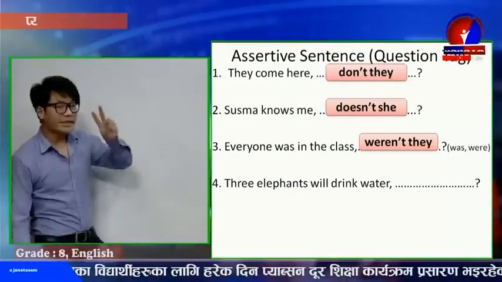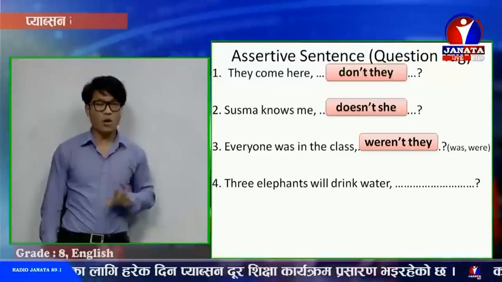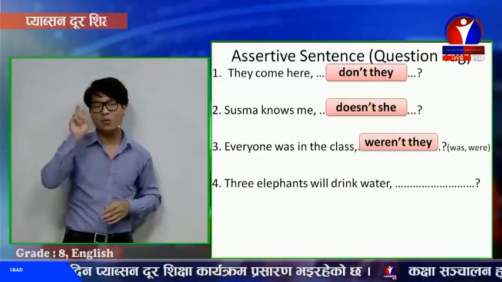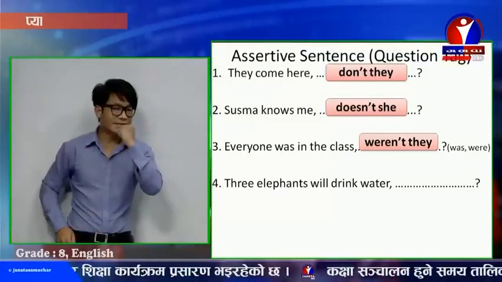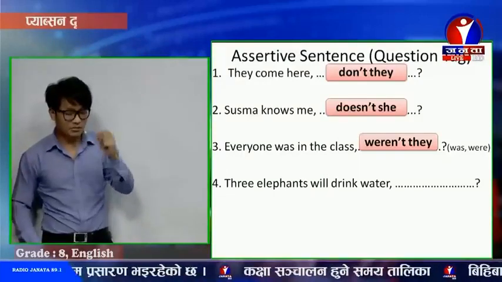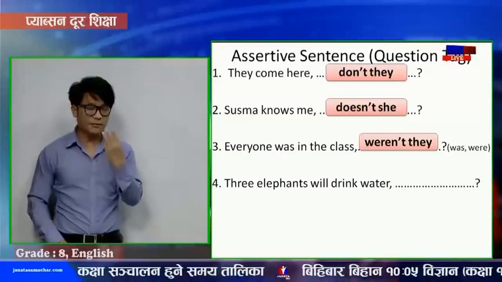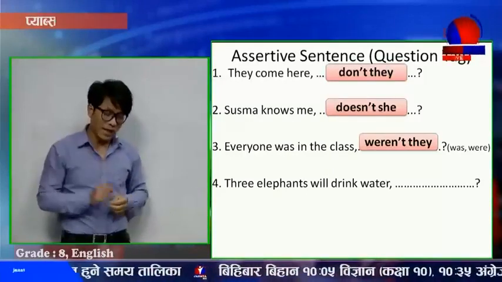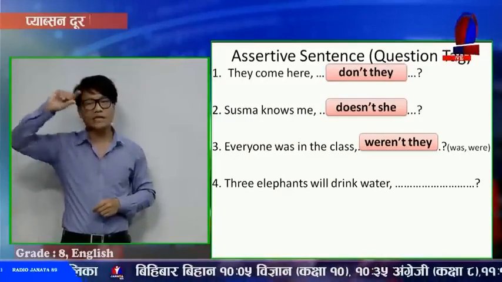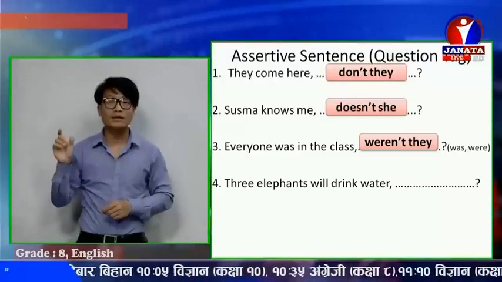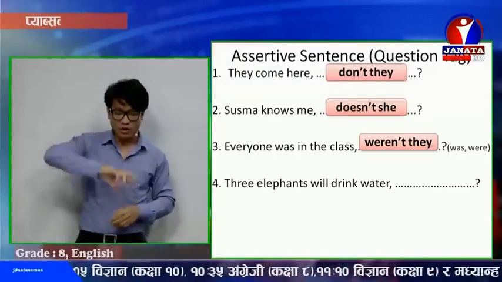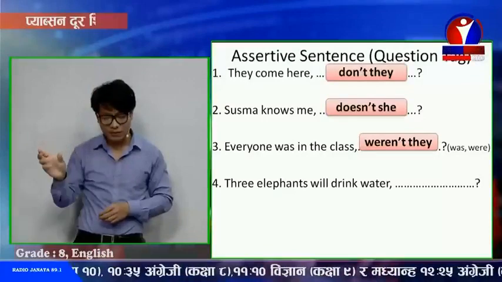Next, "3 elephants will drink water." You can see the subject is 3 elephants, a plural noun. I have told you that plural nouns should be changed into the pronoun they. So 3 elephants changes to they.